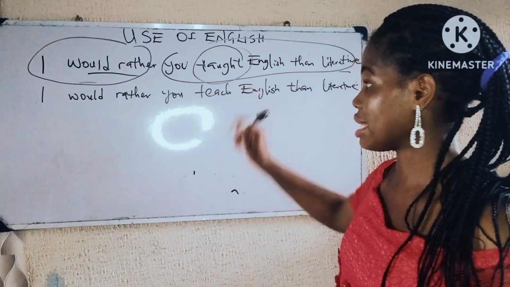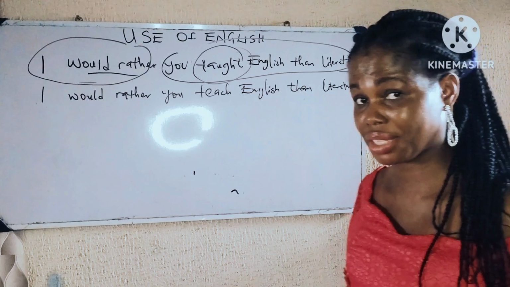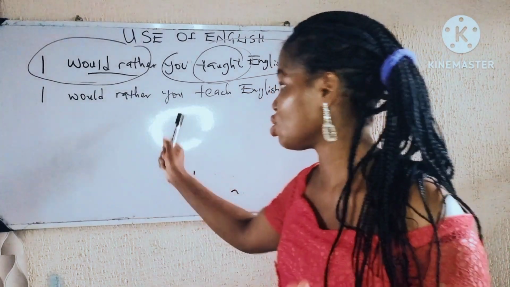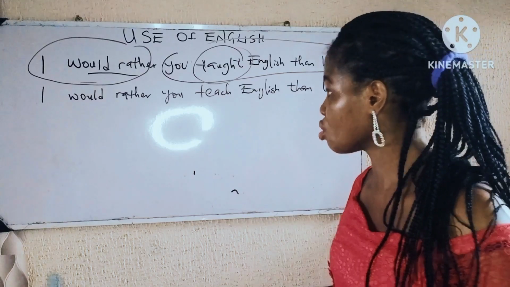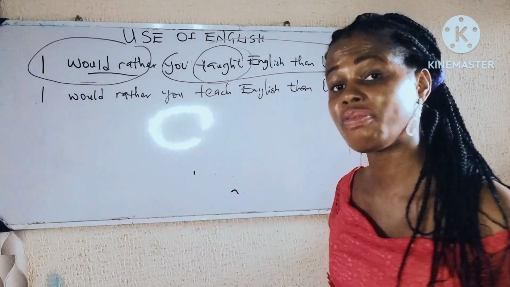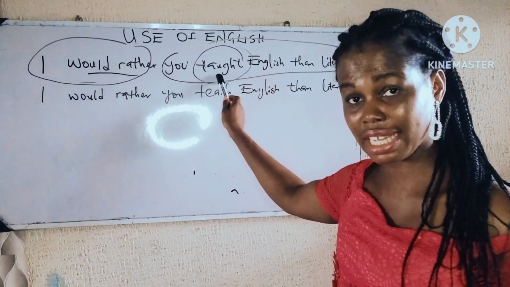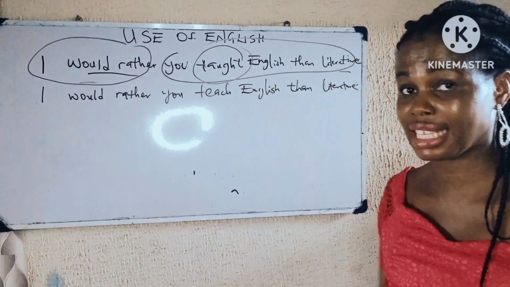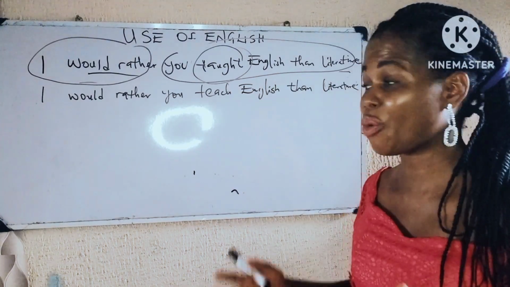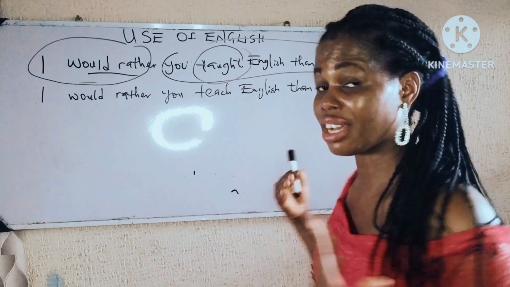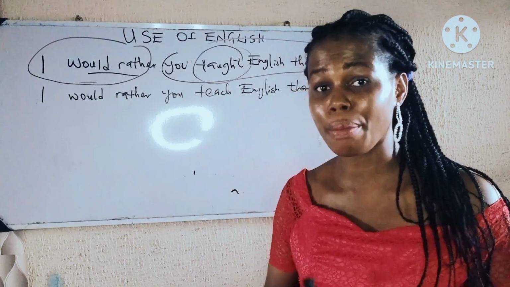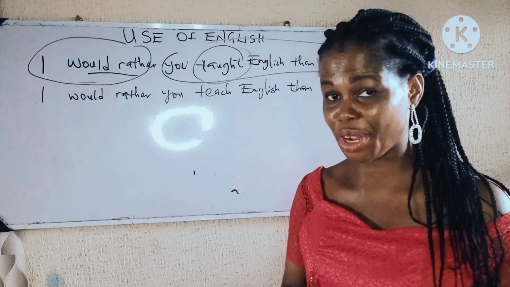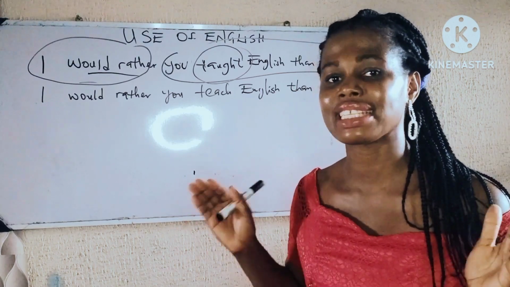And that's why the second sentence is incorrect. We have I and you, which refer to two different individuals. So what we are supposed to use is the past tense of teach, which is taught. Now, when you have a sentence that contains the same subject, that refers to the same person, you're going to use a verb in the simple present tense.